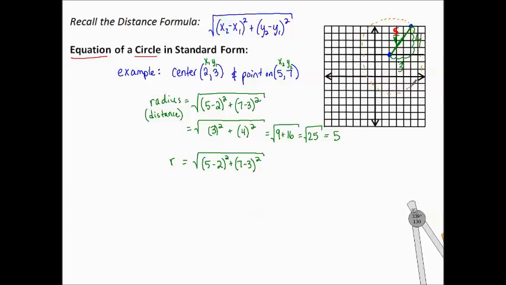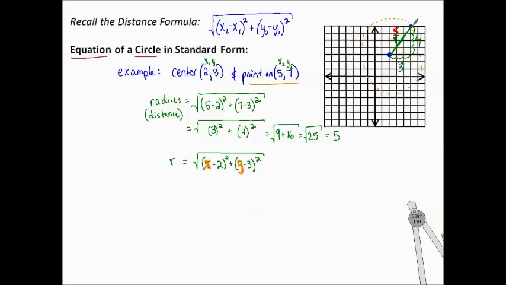But the point on the circle is constantly changing. And remember, the point on the circle was (5, 7) for this example. So things that are changing, we give variables. The 5 and the 7 are going to be changing numbers because those are the points on the circle.